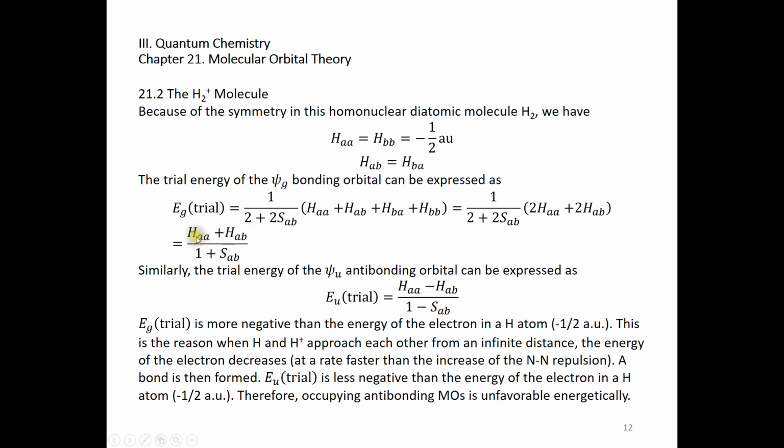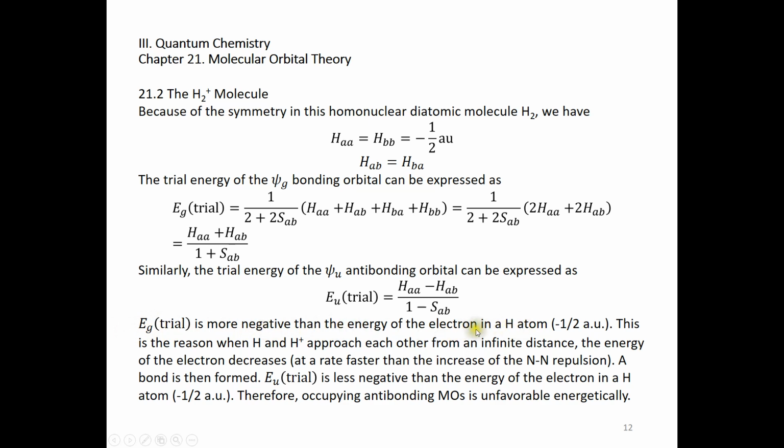So we can compare the trial energy for the sigma g orbital and the trial energy for the sigma u antibonding orbital. We just need to change this plus sign to minus sign, this plus sign to minus sign. This trial energy for the sigma g bonding orbital is more negative than the energy of the electron in the hydrogen atom.